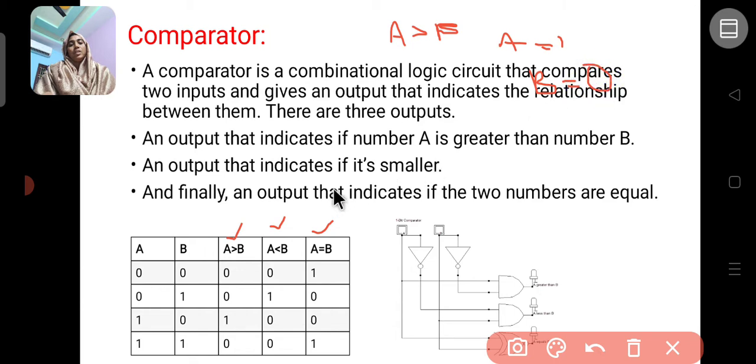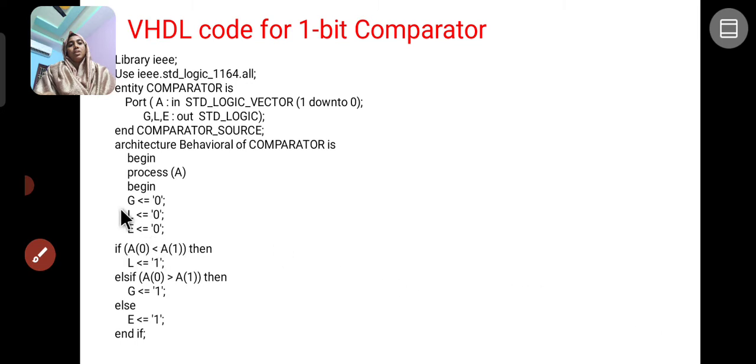So for this first condition, if we assume that A greater than B is F1, then F1 equal to A and B bar. So only this condition we will get output A greater than B. So that is the first one. For A, B bar, only one condition, we have to draw the AND gate.